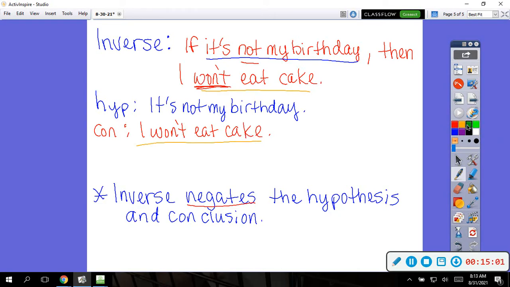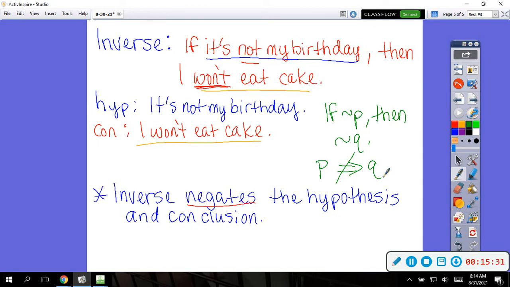Now symbol-wise, it was if P then Q. I didn't change the order, so P is still first and Q is still second. But how you put for not is you can write if not P, then not Q. Or you could put P does not imply Q. Okay, when you put a line through it, it means the negated version.